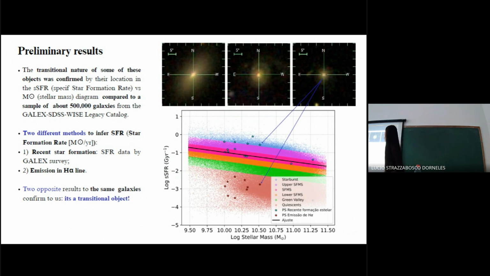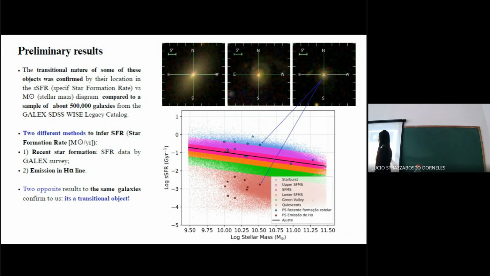And here I have other results. The transitional nature of some of these objects was confirmed in this diagram. In this diagram we have the star formation rate per giga-year, and here we have the stellar mass of these galaxies.